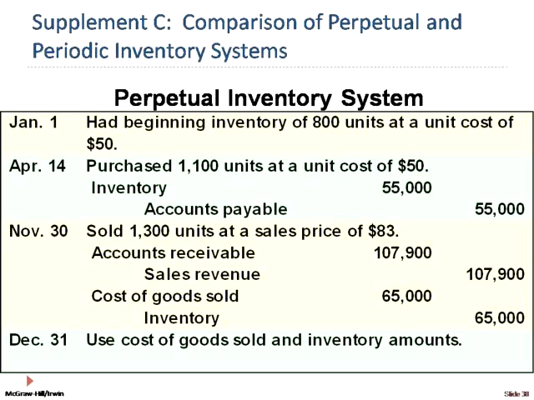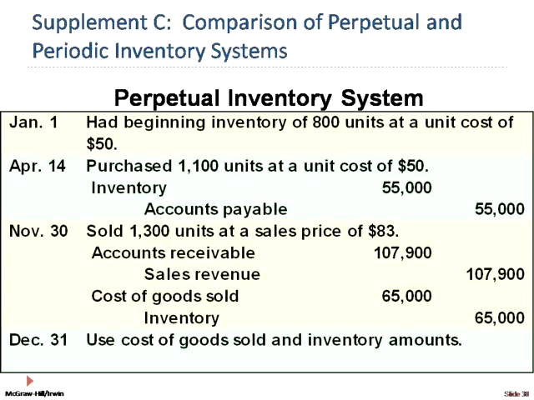On April 14th, the purchase is recorded as a debit to inventory and a credit to accounts payable. On November 30th, the sale is recorded in two entries. The first entry records the retail transaction between the customer and the company by debiting accounts receivable and crediting sales revenue for the sales or retail price of the goods sold.